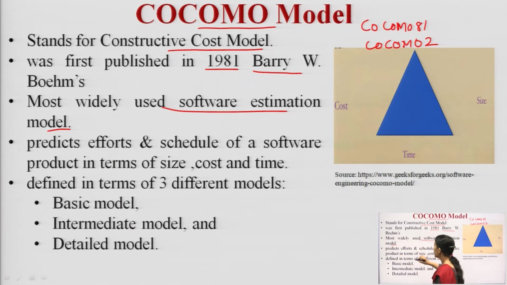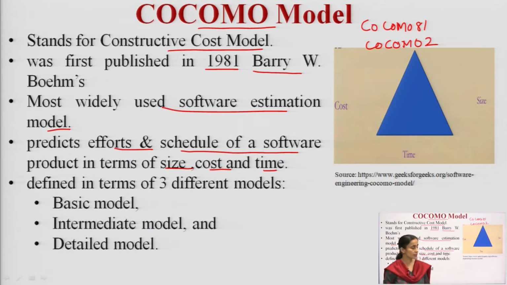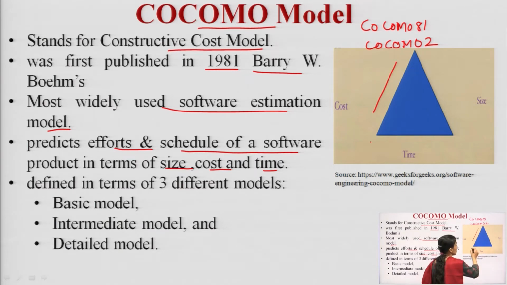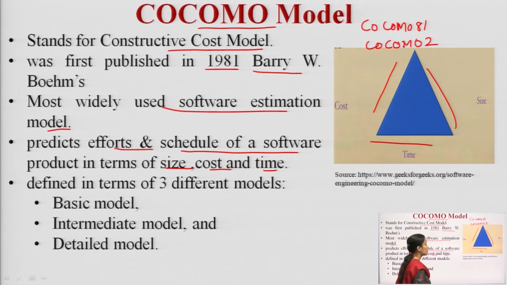This model predicts the effort and the schedule of a software product in terms of size, cost and time. Here in the figure we can see that we are giving three parameters: one is cost, another is time, another is size, and we get the effort and schedule of my software as output.